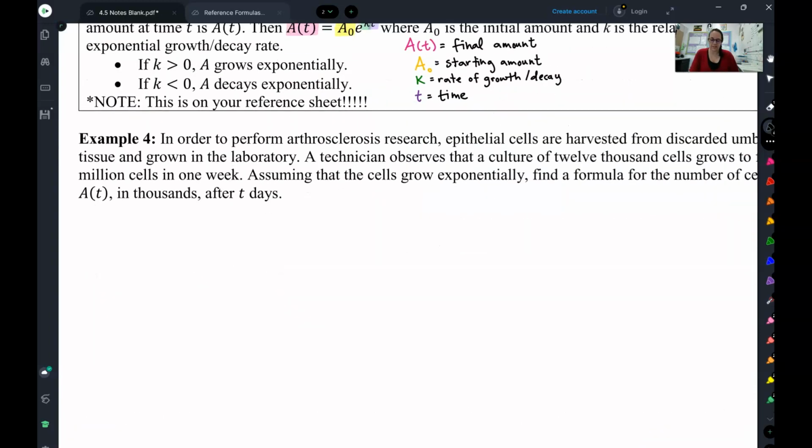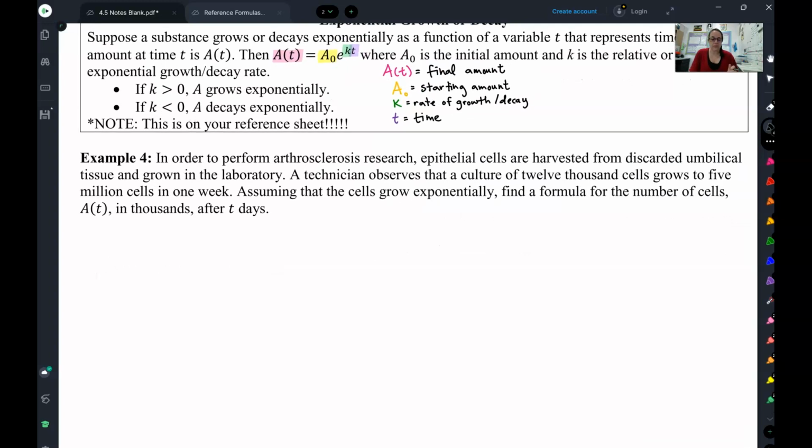So let's try this in example 4. Just like we've done this whole lesson, we're going to read through this, highlight each of the numbers, and label what they mean. So, example 4 says, in order to perform arthrosclerosis research, epithelial cells are harvested from discarded umbilical tissue and grown in the laboratory. A technician observes that a culture of 12,000 cells grows to 5 million cells.